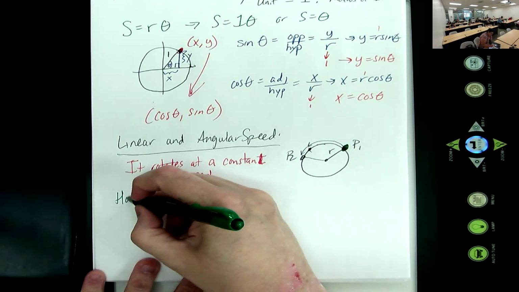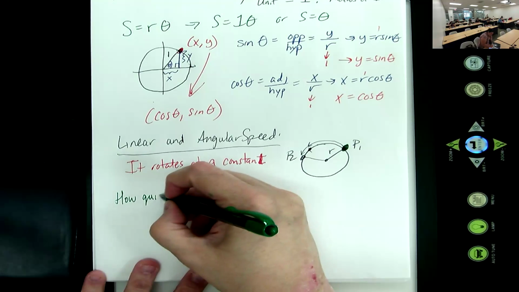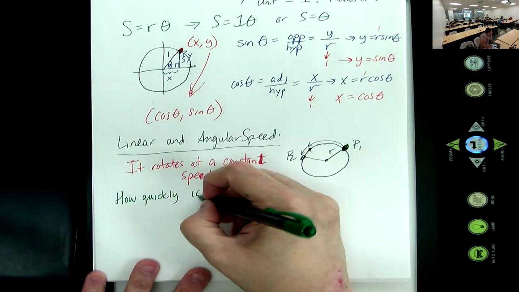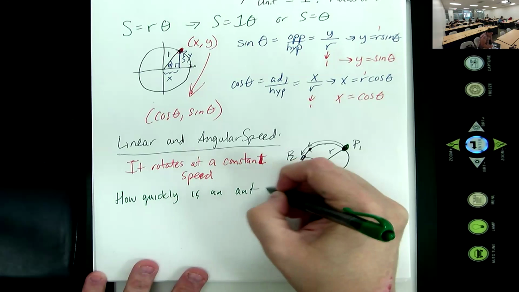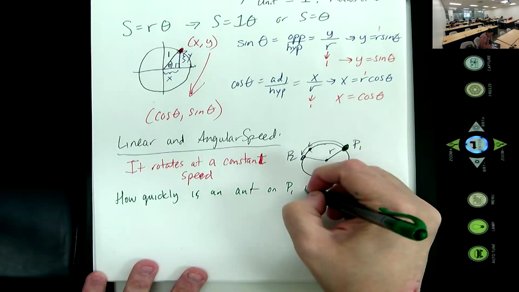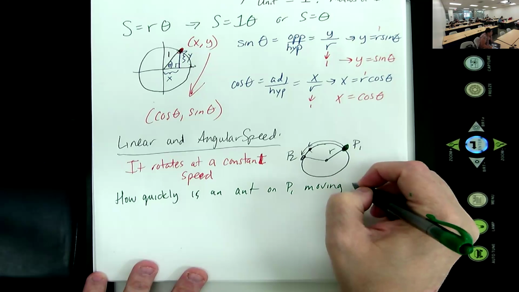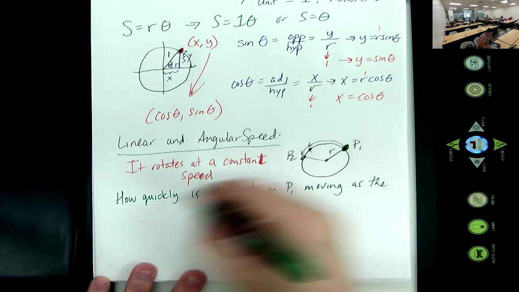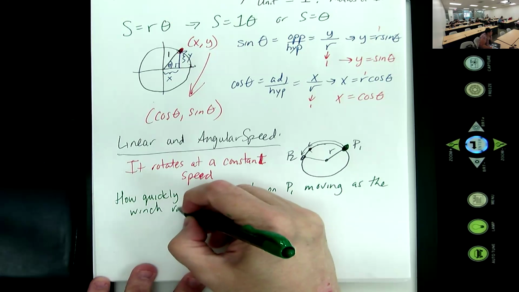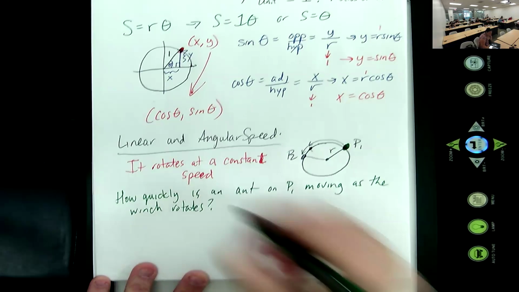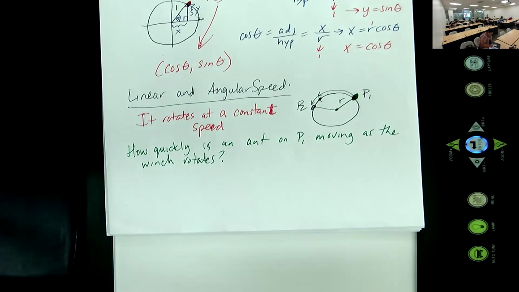How quickly is an ant on P1 moving as the winch rotates? We're just gonna do it generically right here with no numbers, just to get the idea of what's going on.